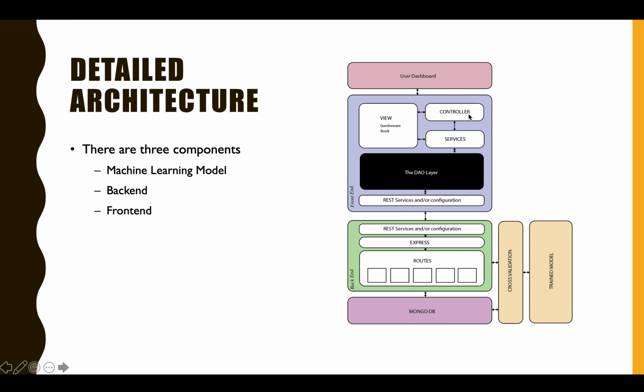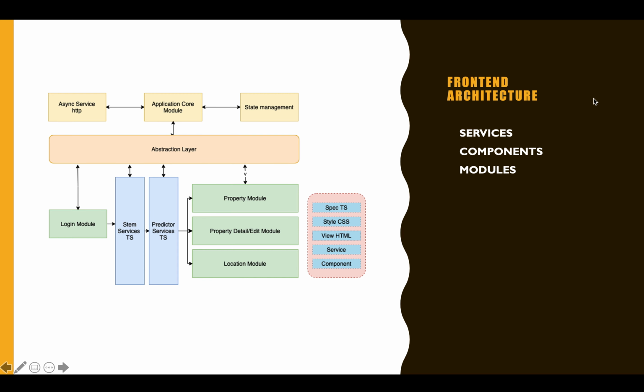So it has views, MVVM style, model view, view model, and then it has the DAO layer, and all of the REST services and configurations are served up in the promise-based HTTP services. And then there is the user dashboard, which is HTML and CSS. The front end architecture should be pretty similar to anybody that has used React and Angular.